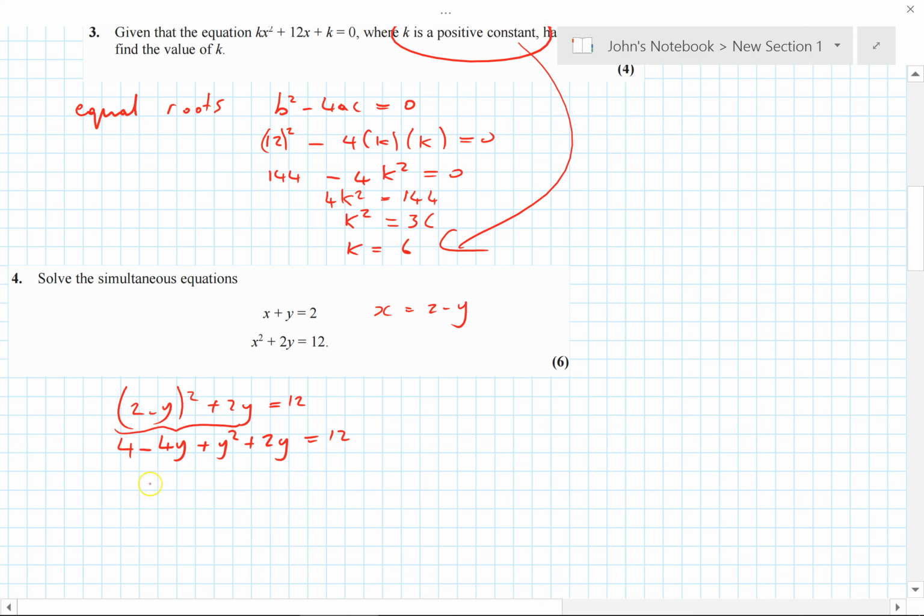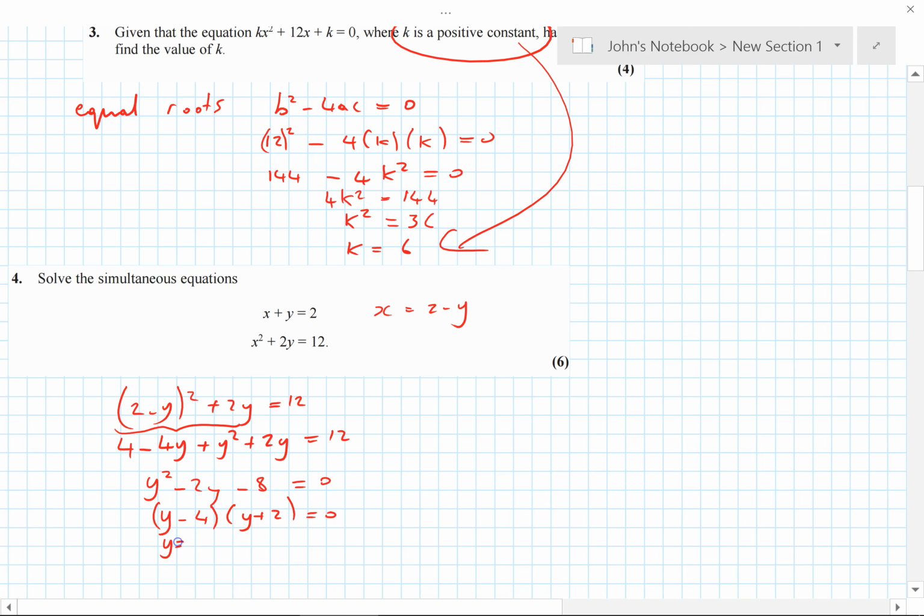There we go. We still want to be accurate here, so that gives us y squared minus 2y. Now we've got 4, but the 12 coming over from the other side, so that's minus 8 equals 0. That hopefully is going to factorise, which of course it does. We're going to have y minus 4 and y plus 2 equals 0.